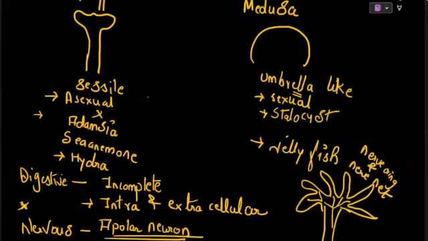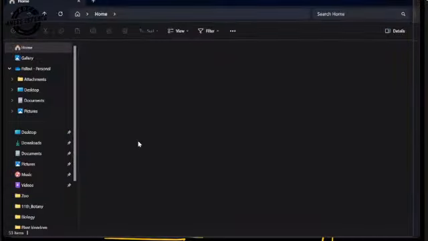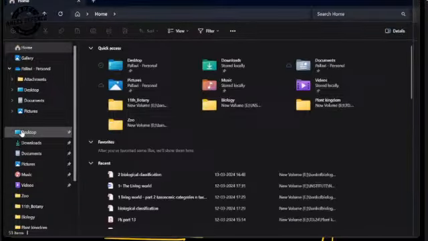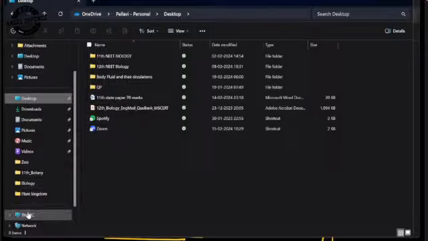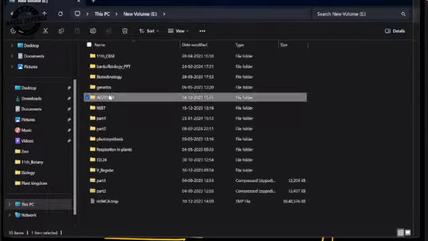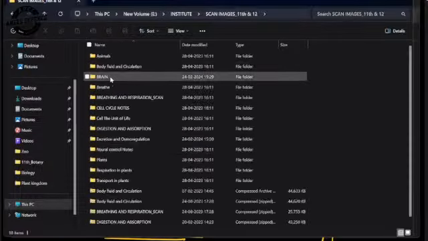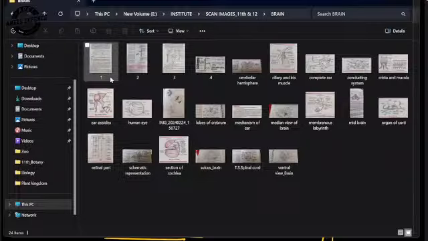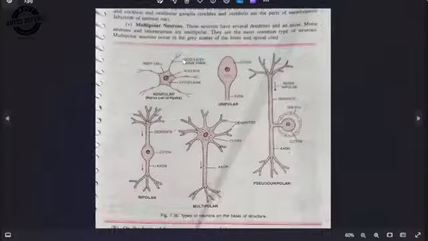So I'll show you different structures of neuron. There are different types of neuron. Which are the different types? Please see.